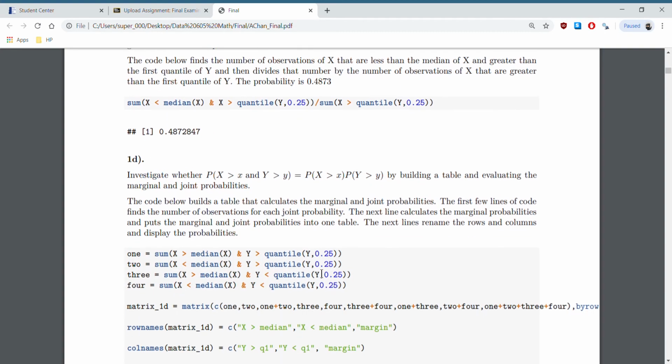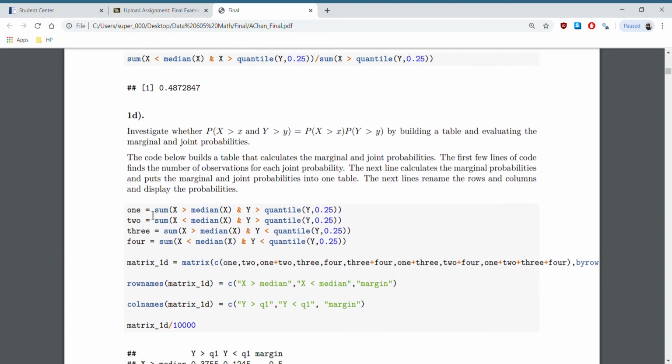Alright, and then part 1D, investigate whether the probability of x is greater than the median and the probability of y is greater than the first quartile is equal to just those two probabilities multiplied together. So for this one, I built a table that calculates the marginal and joint probabilities.